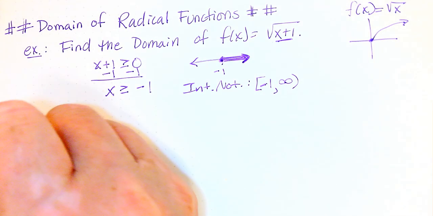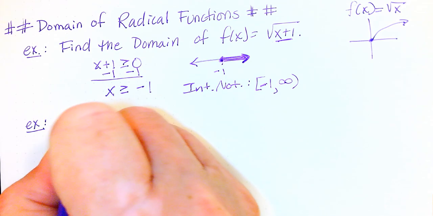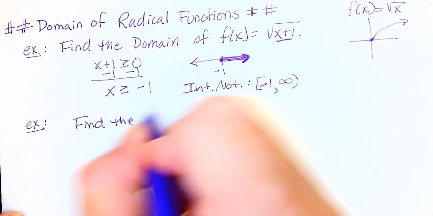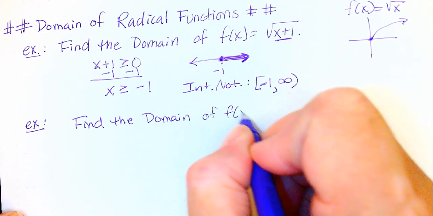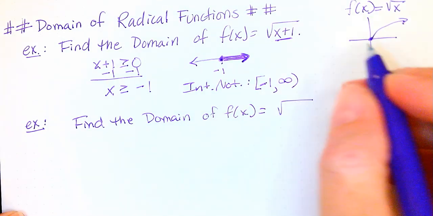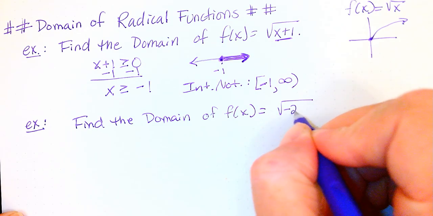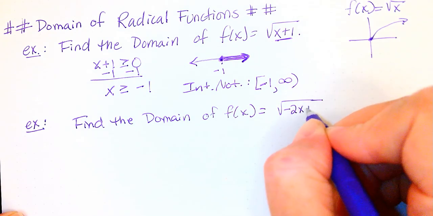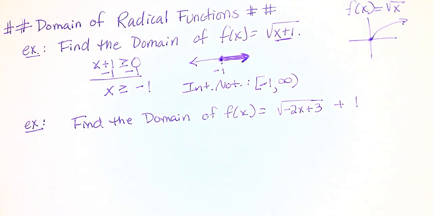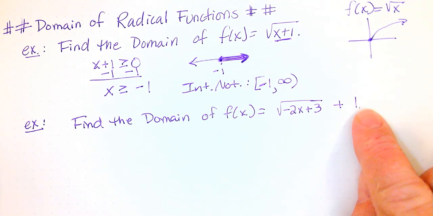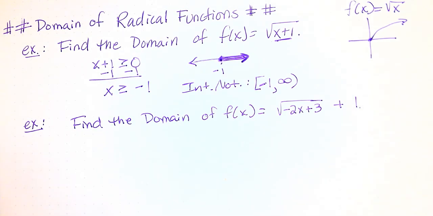Let's do one that's a little more complicated. Let's say we want to find the domain of f of x equals square root of -2x plus 3, plus 1 on the outside. So I threw this in there because I want you to understand that when we're doing the domain of a radical function, the numbers outside that radical are really irrelevant to the domain.